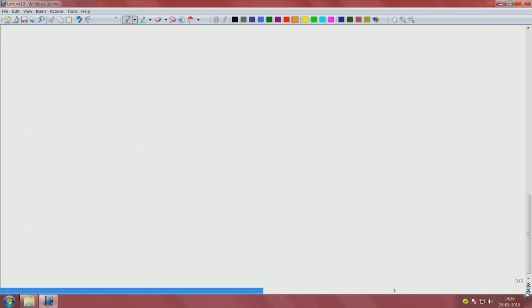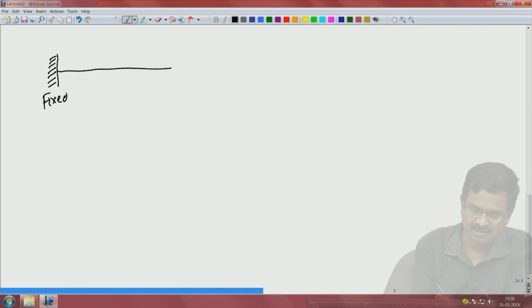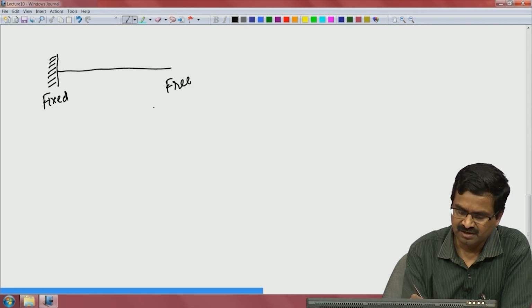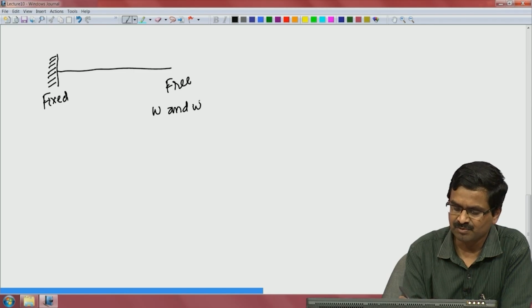So, what we are saying here is that if I take a beam, whenever I talk about beam, the first thing we talk about is the cantilever beam. It is fixed here and then free here. When you say free here, what is it? w and w prime are not specified.